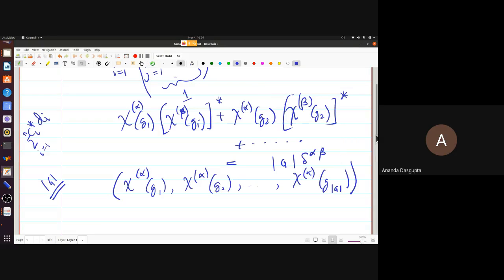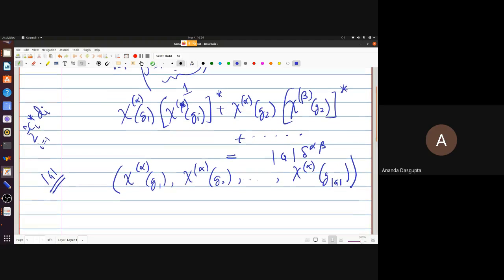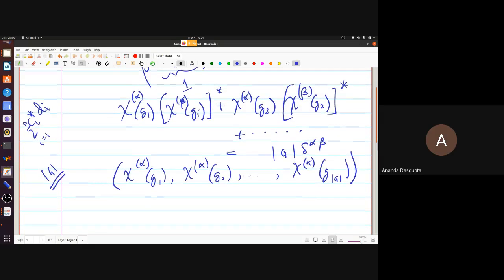Mathematicians actually call it the Hermitian product and not really the inner product, but for a physicist, this is usually what we call the inner product. So what is this telling you? It's telling you that if you form one vector for each irrep, then these vectors are going to be orthogonal to each other. If you take the dot product, you're going to get 0 unless alpha equals beta.